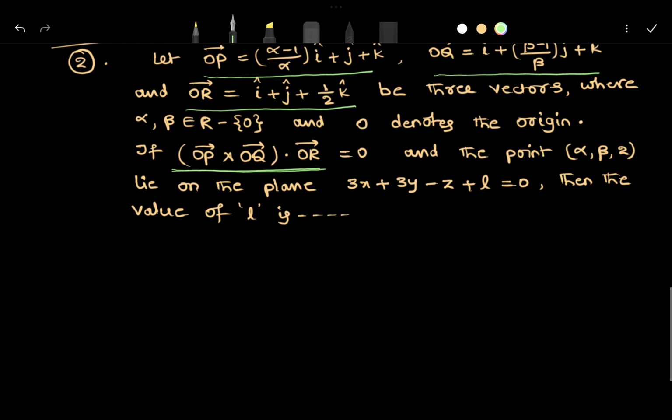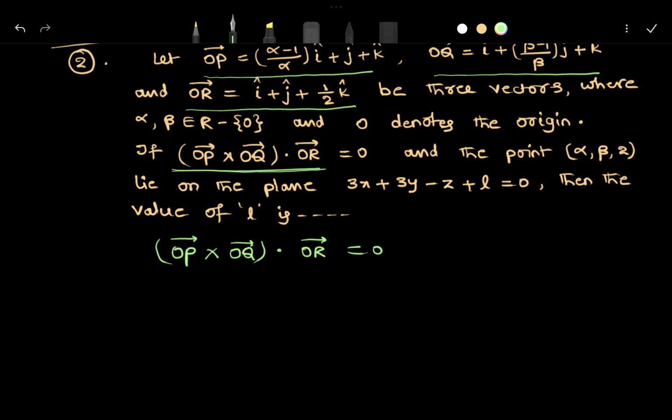Here you should understand one of the most important points. This is OP bar cross OQ bar dot OR bar equal to 0.